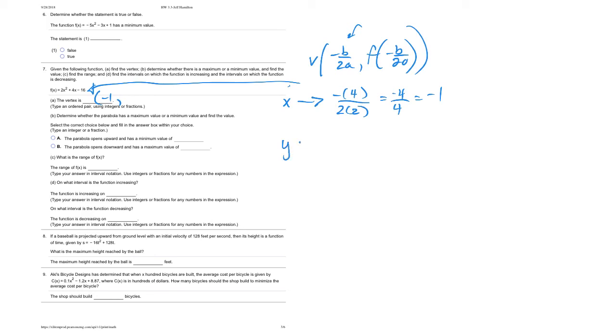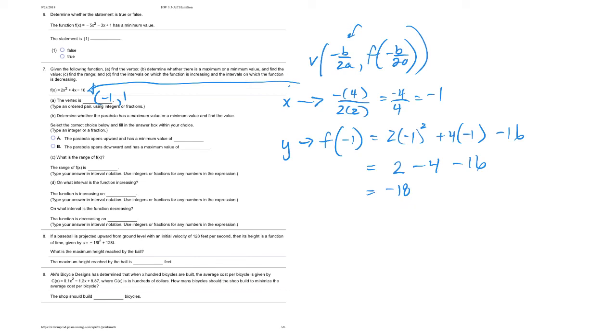Then for the y-coordinate, I just find the value of the function when I plug in a negative 1. So it'll be 2 times something squared plus 4 times something minus 16. The something is a negative 1. Negative 1 squared is positive 1, times 2 is a 2. 4 times negative 1 is a negative 4, minus 16. So 2 take away 4 is negative 2, minus 16 would be minus 18.